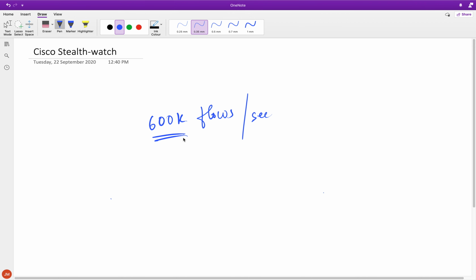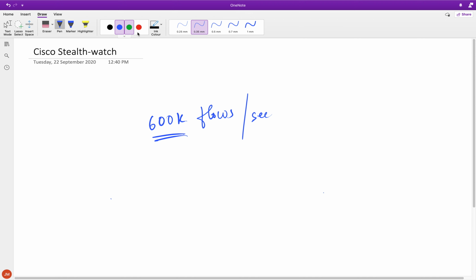I mean, this is really humongous. 600,000 simultaneous flows it can analyze for being malicious or not, and it can do it per second from close to, I don't know, maybe 5,000 or 10,000 devices. So it's a huge scalable solution, because in a big enterprise you're going to have thousands of flows.